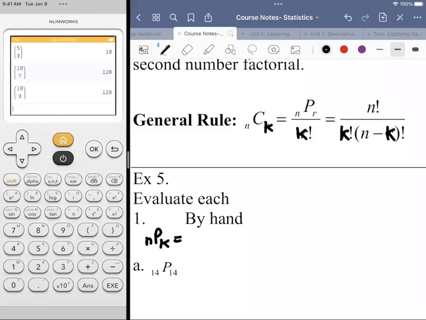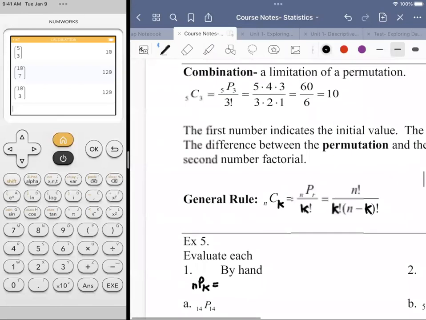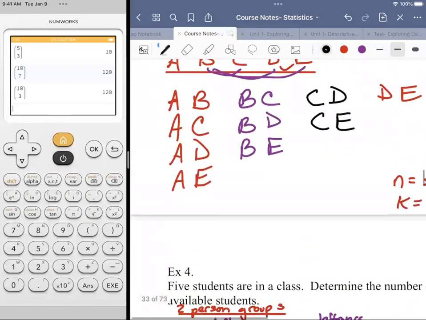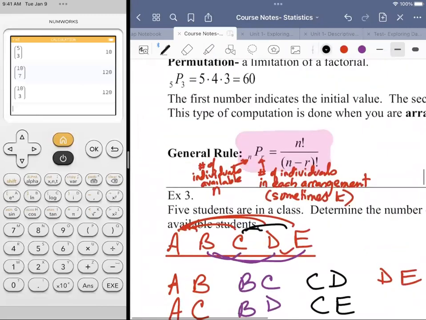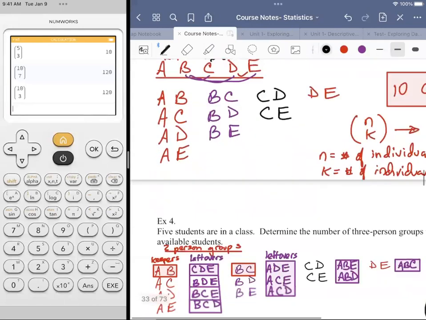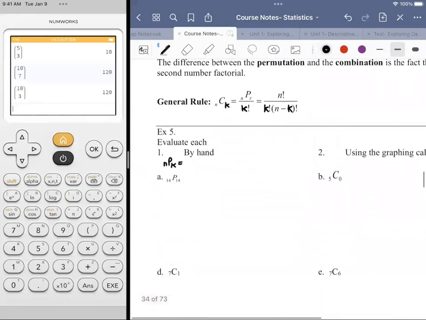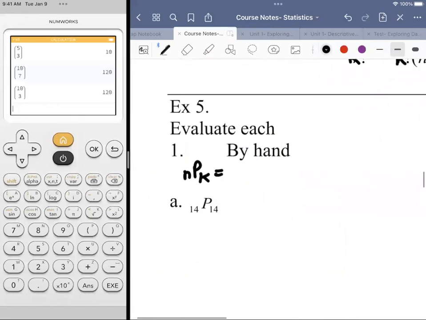And so everywhere you see an r, just make it a k. Those are the only instances, but there's a few of them there. All right, so nPk is equal to n factorial over n minus k factorial.